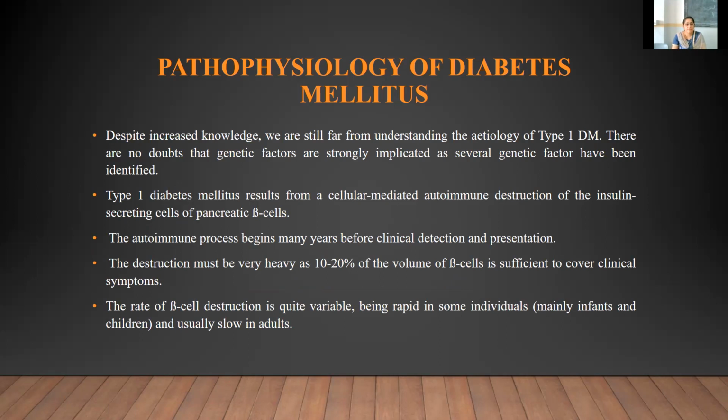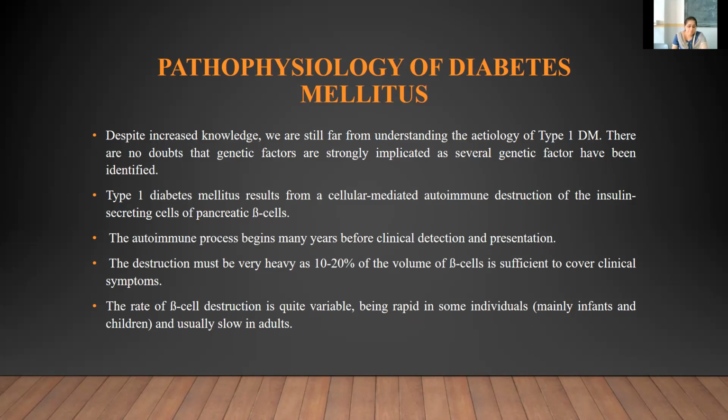Type 1 diabetes mellitus, as we discussed earlier, results from cellular mediated autoimmune destruction of the insulin secreting pancreatic beta cells, and this autoimmune process begins many years before clinical detection and presentation.